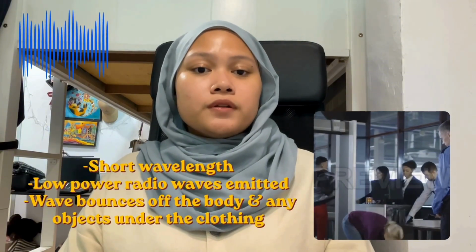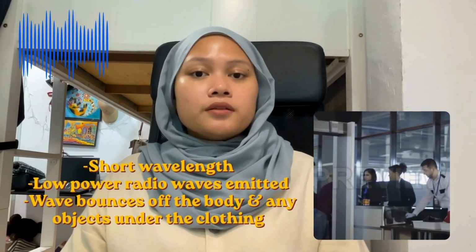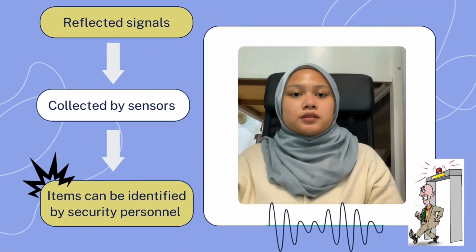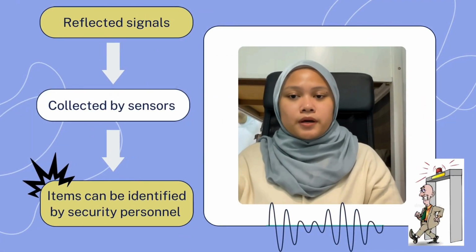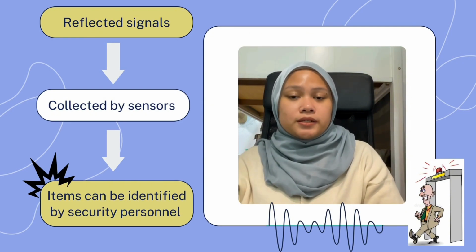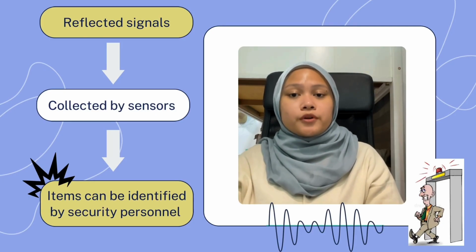The waves travel through the air and bounce off the body and any objects hidden under clothing. The reflected signals are then collected by sensors and processed by a computer to create an image. By analyzing these reflections, security personnel can identify suspicious items such as weapons, explosives, or prohibited objects.